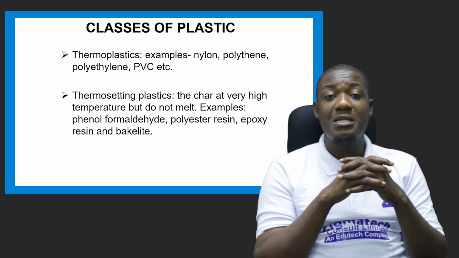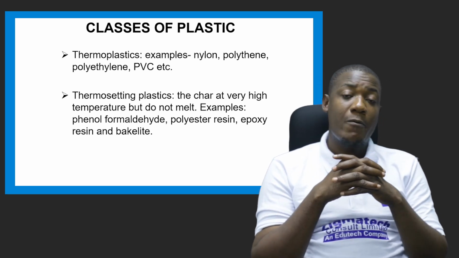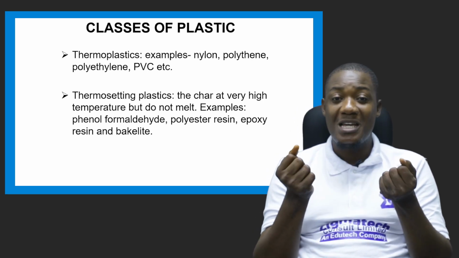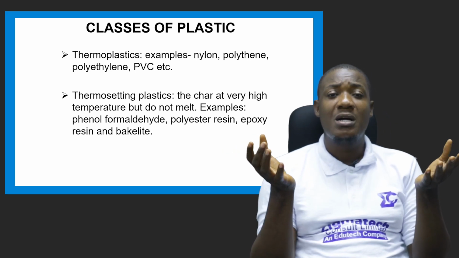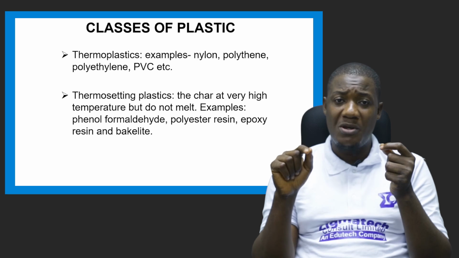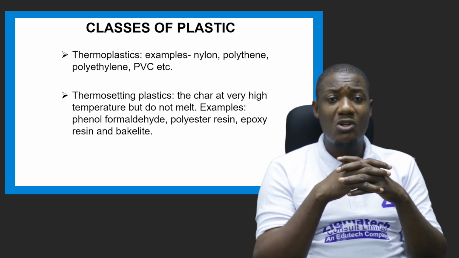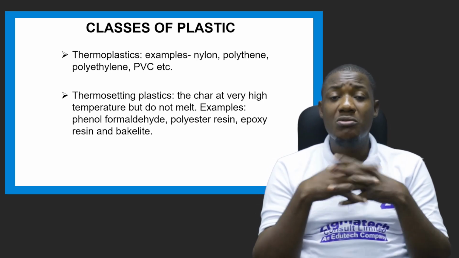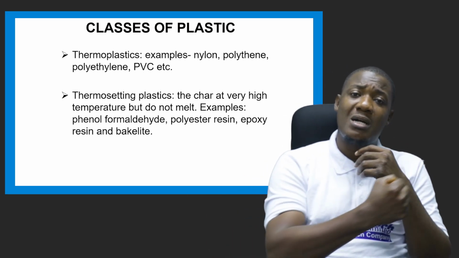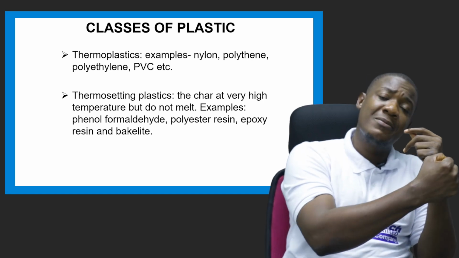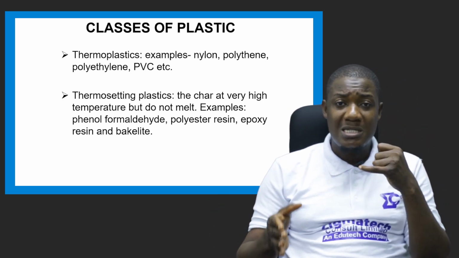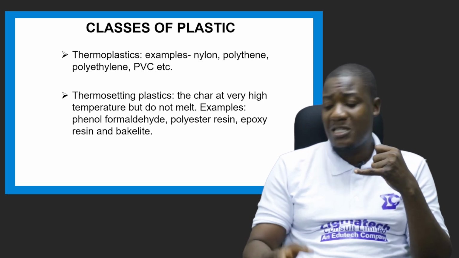No matter how many hours the frying pan is on fire, the handle remains there. When you iron your cloth, no matter how hot the iron is, no matter how many times it goes over the button, it does not melt, because that button is made from a thermoset plastic.